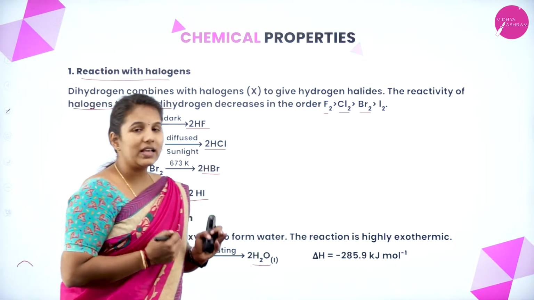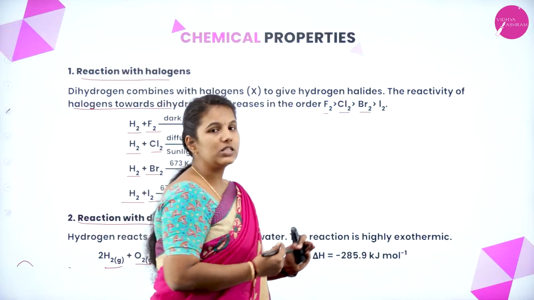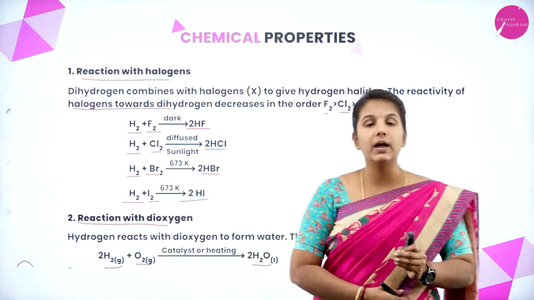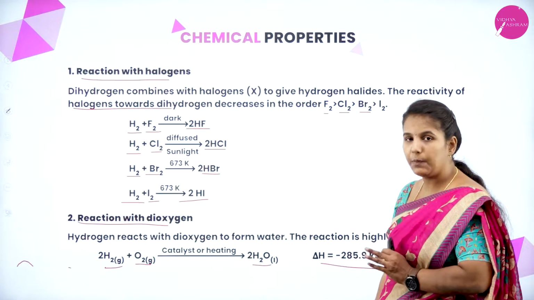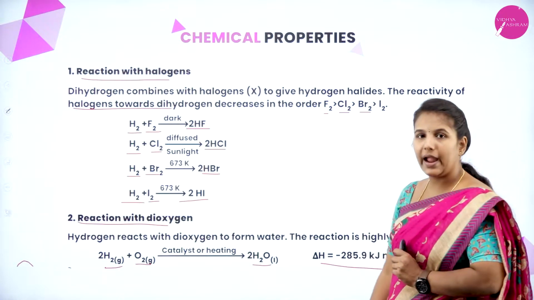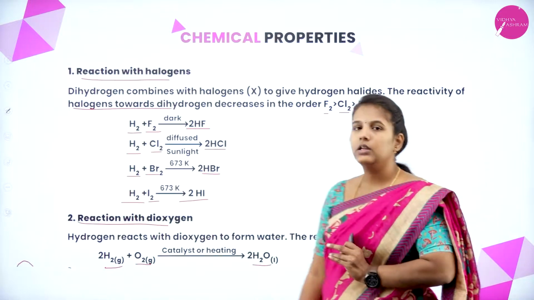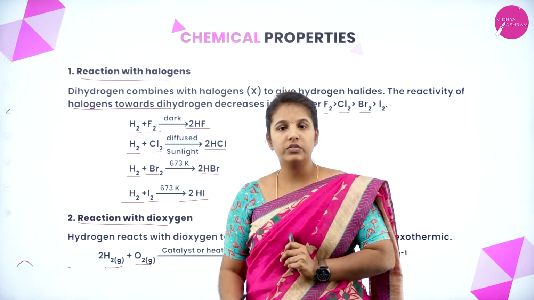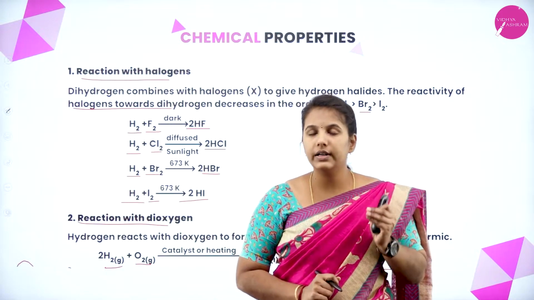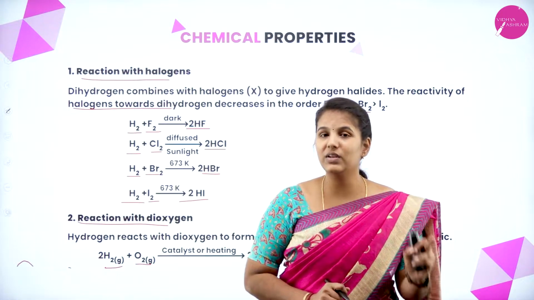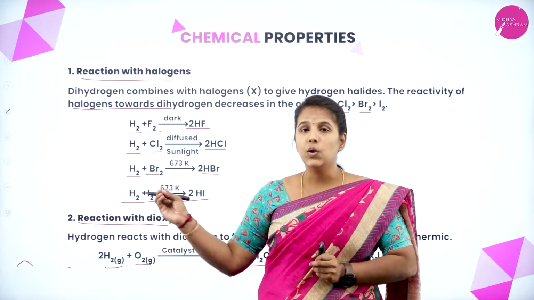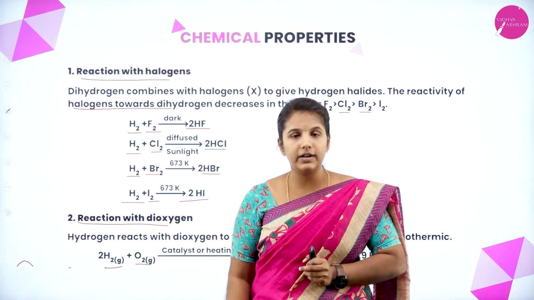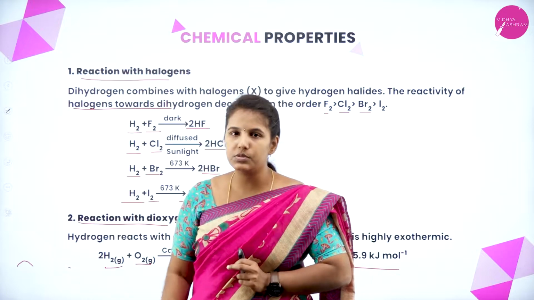This is an exothermic reaction because a lot of heat is produced during this reaction, with an enthalpy of around minus 285.9 kilojoules per mole. This is how dihydrogen reacts with halogens forming hydrogen halides, and when it reacts with dioxygen, it forms water.